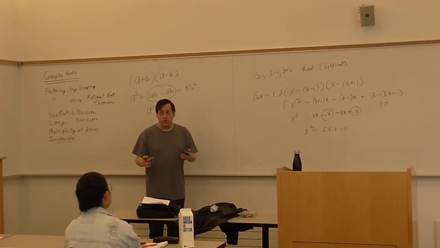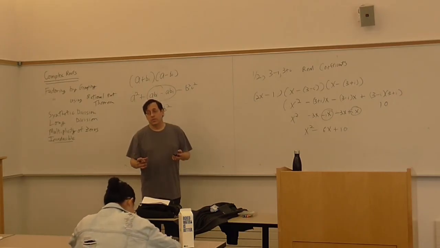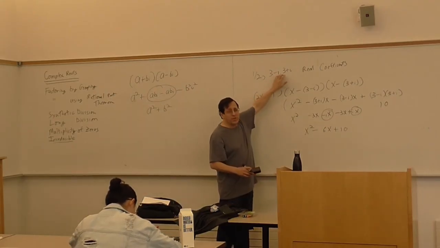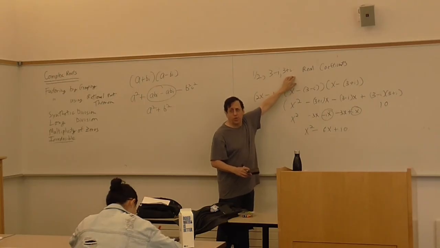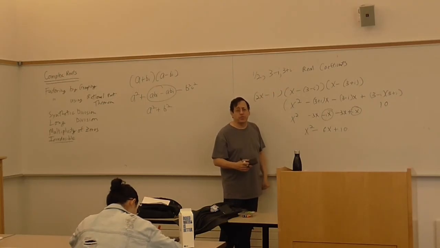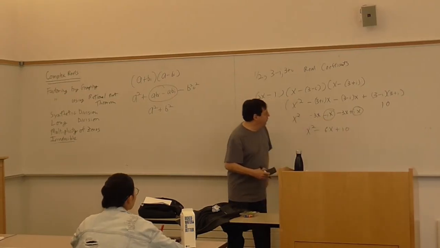So there's a moral here, which is if you want a polynomial with real coefficients and you've got a complex root, you need its conjugate as a root also. That's how you get rid of those pesky imaginary coefficients.